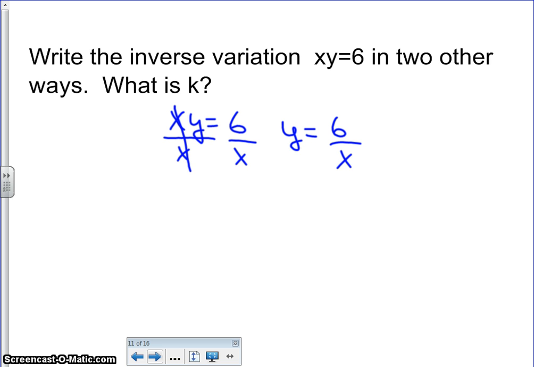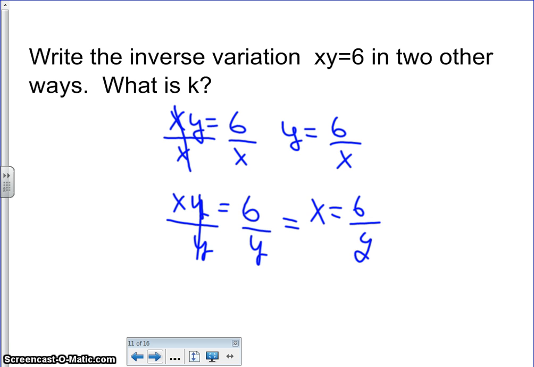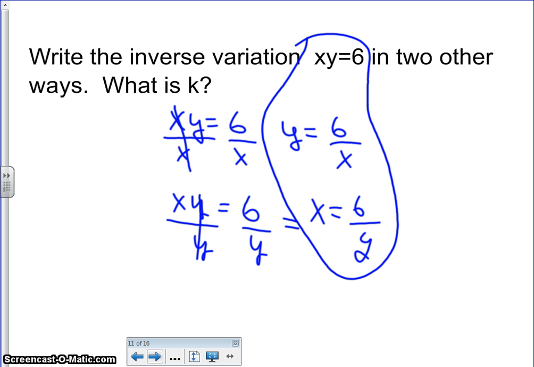In another way, we could divide both sides by y, and now the y's cancel out, and we get x is equal to 6 over y. So these three equations all mean the same thing, and of course k for all three of them is 6.